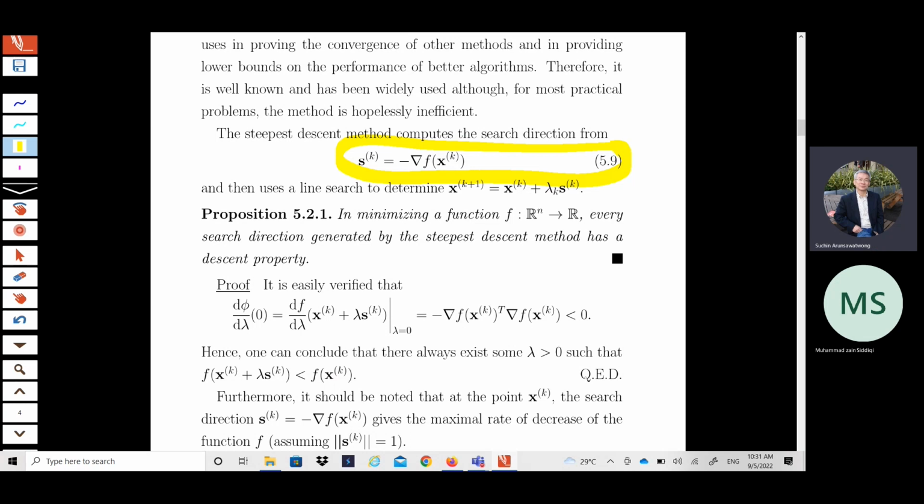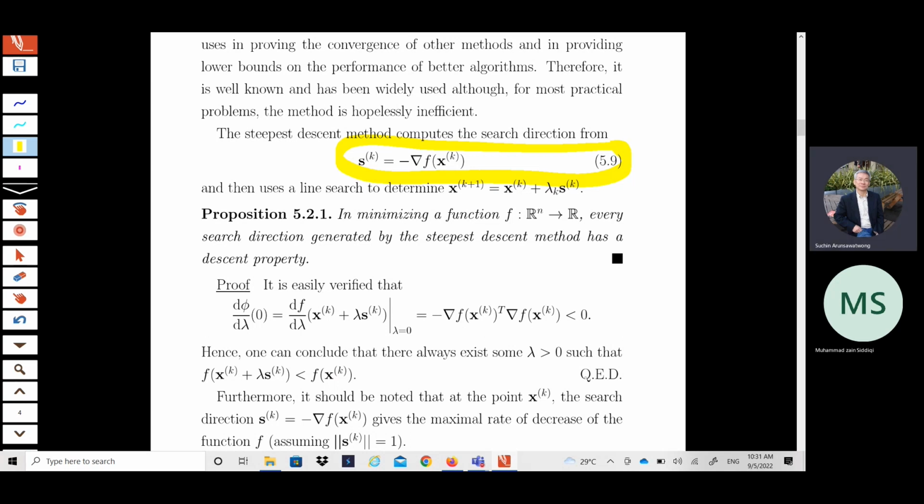So what does it mean? When we use the steepest descent, we minimize a nonlinear function f.